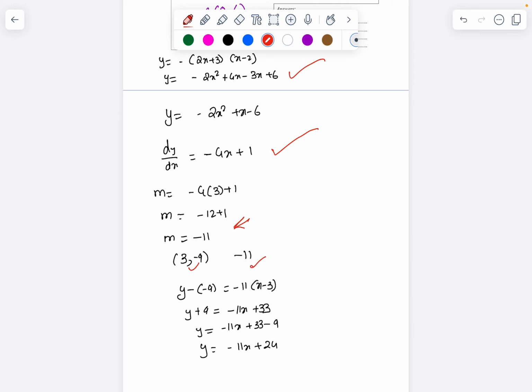Once I get the point and the slope, you will be getting the answer: y minus y1 equals m times x minus x1. That's how I find the equation of a tangent. The curve was minus 2x plus 3 times x minus 2. From there, I was able to get the derivative and the equation of the tangent.